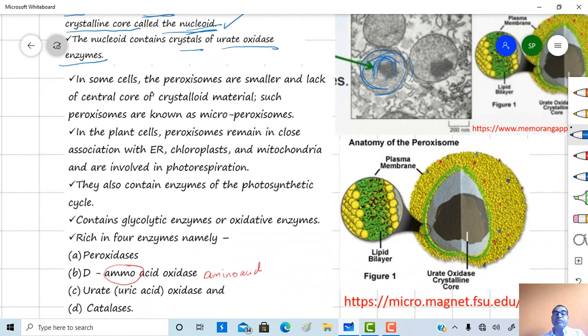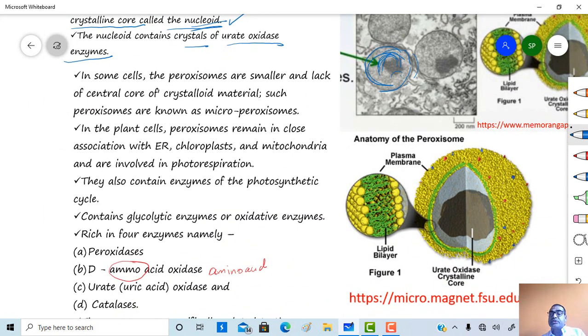Or see this figure: this is a plasma membrane, not actually the plasma membrane, this is the unit membrane bounding the peroxisome. This is the region of matrix, and these are the crystals or crystalline core of urate oxidase. This is considered a lipid bilayer, and these are the proteins. So this is a unit membrane of the peroxisome.